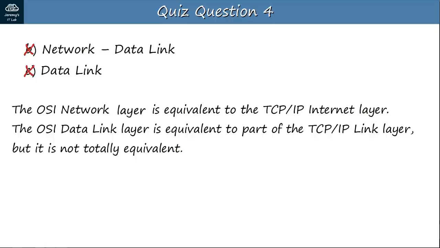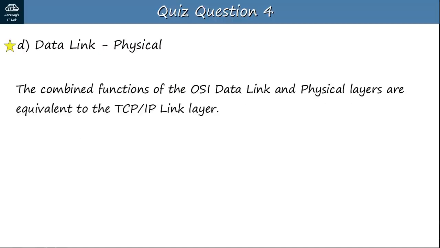So B, network and data link layers, and C, data link layer, are incorrect. The combined functions of the OSI data link and physical layers are equivalent to the TCP/IP link layer. So D, data link and physical layers, is the correct answer.